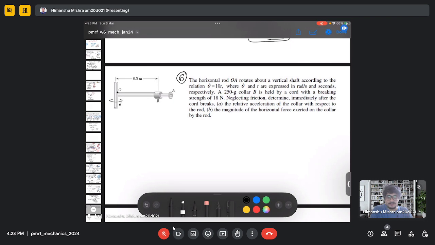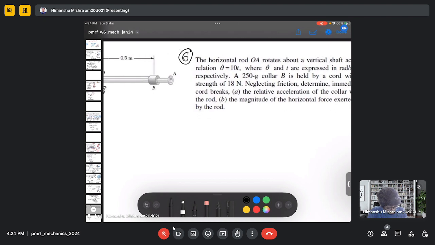Here a 250 gram collar B is held by a cord with a breaking strength of 18 Newton. Neglecting the friction, determine, immediately after the cord breaks, the relative acceleration of the collar with respect to the rod and the magnitude of the horizontal force exerted on the collar by the rod.